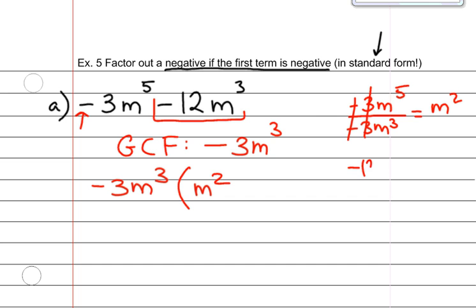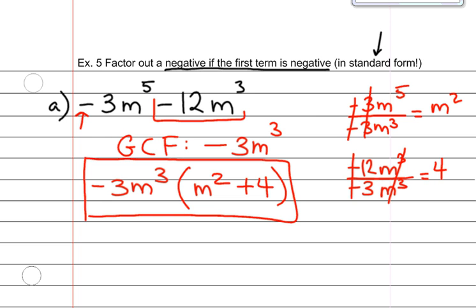So you have negative 12m cubed divided by my GCF, negative 3m cubed. Negatives cancel, the m cubeds cancel, so I'm just left with positive 4. Not a negative anymore because that negative was factored out. Okay, and again, you can check your answer by multiplying through.